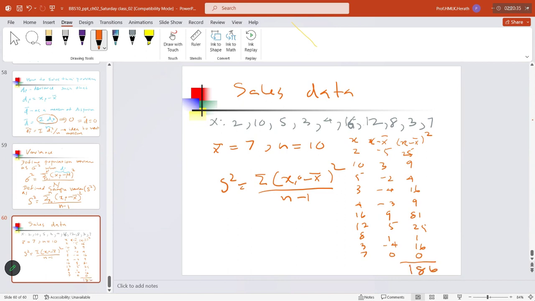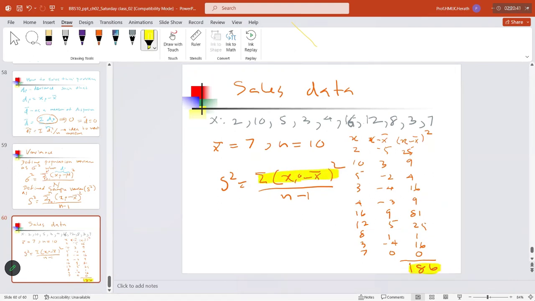So this equals 186 divided by 10 minus 1, which is 186 divided by 9.